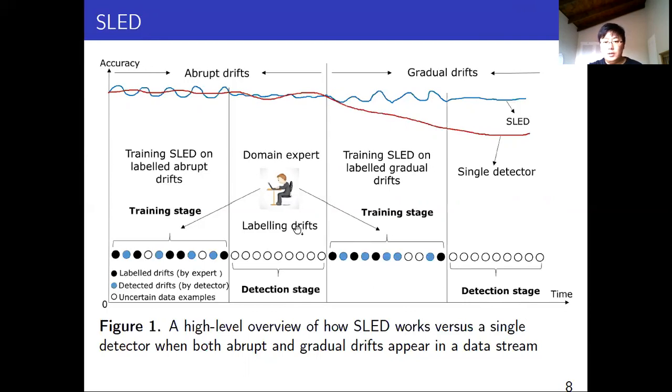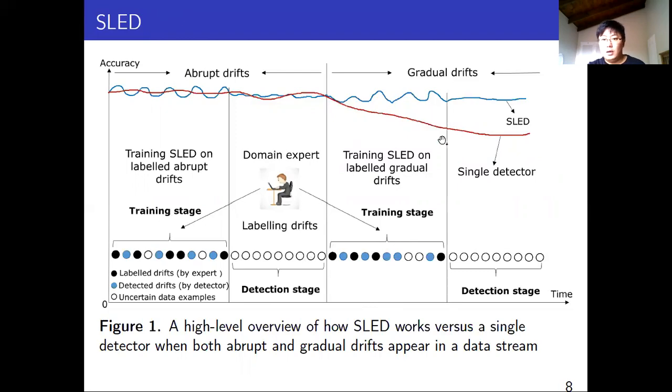These little circles represent different data items in the data stream at different time instants. And this person over here is the domain expert who labels true drifts in the training stage.